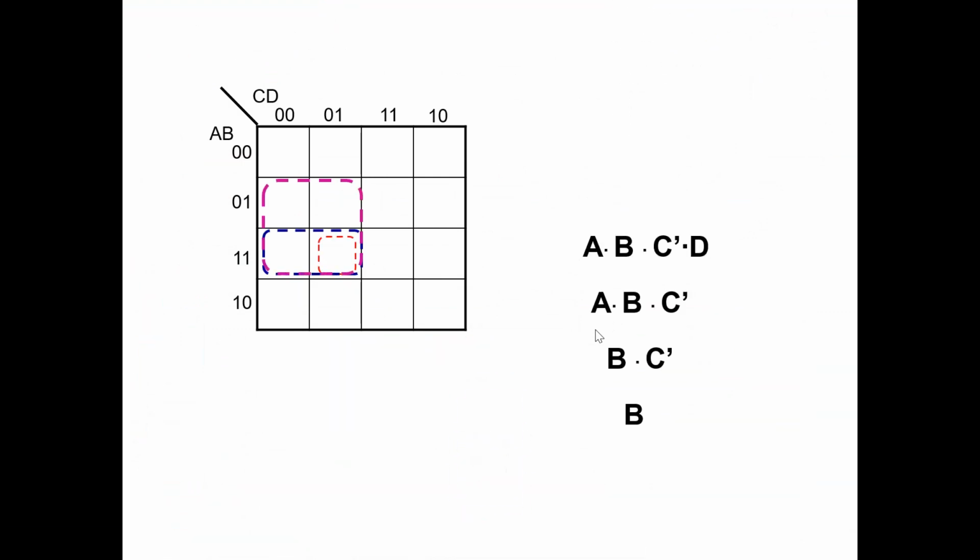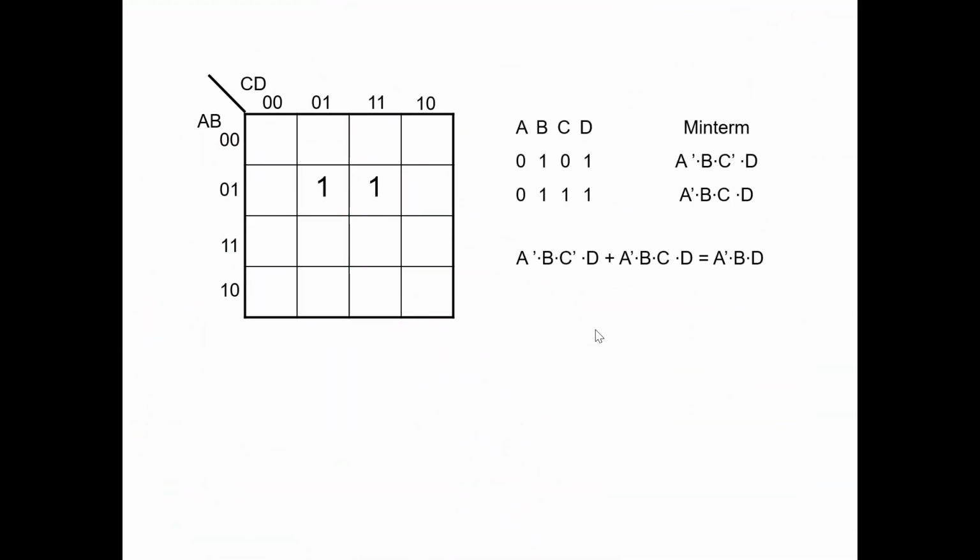Okay, let's try this example. It's easy, this one. How about this? Write down the function. How do I select this one, right? A prime and B prime. How about this group? This group A, 1 here, right?